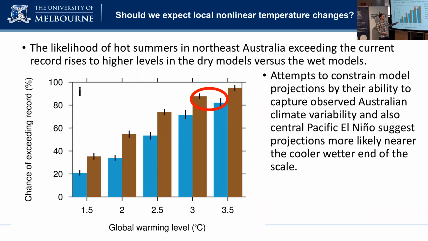You can see there's a difference in projections, and basically there's faster warming as a function of global temperature if we follow the drying pattern in this region. And the difference between the dry and the wet models is more than the difference between half a degree increments of global warming.